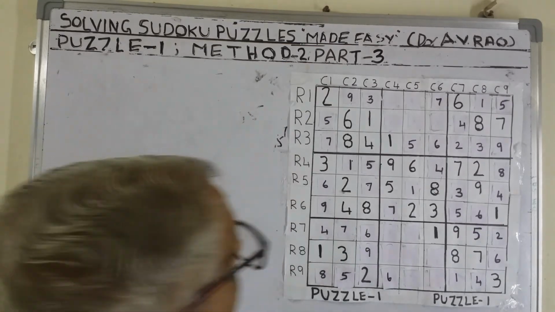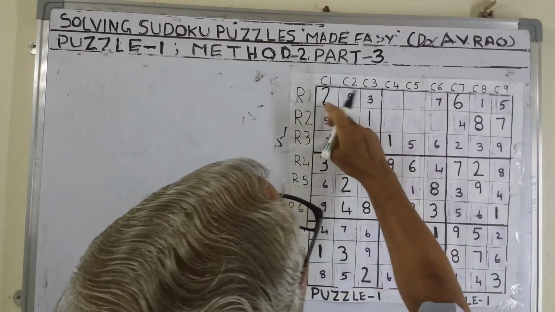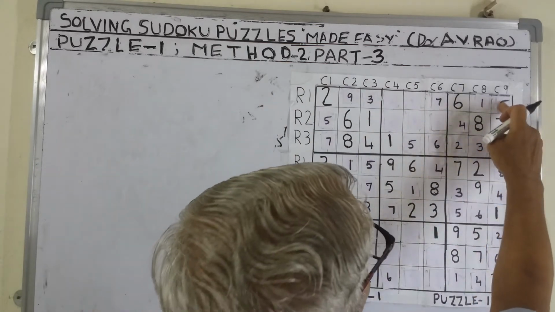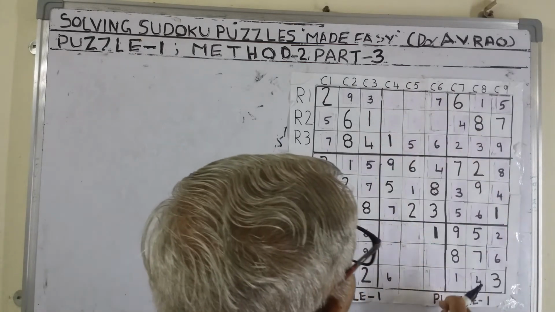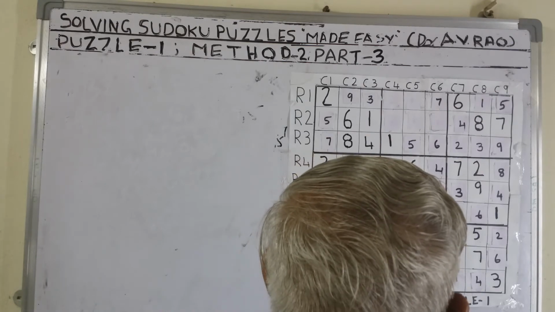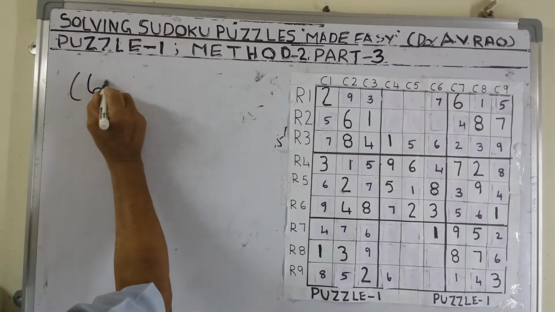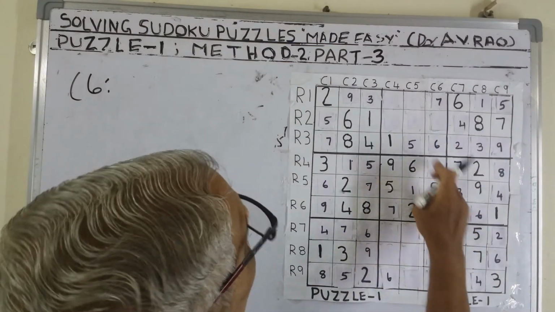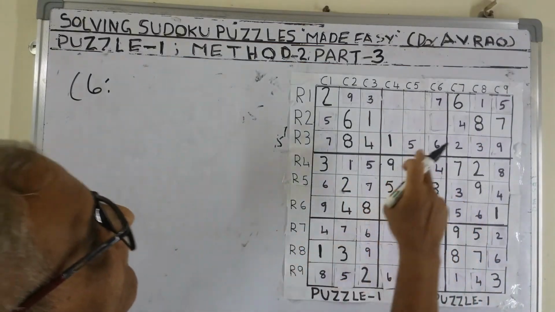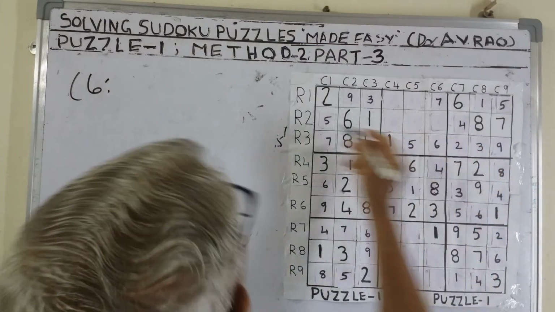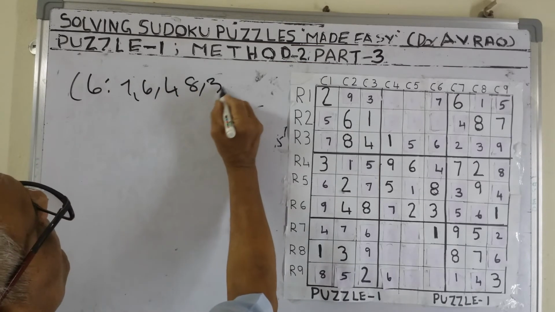Okay. Let us see this column C6. Column C6 is 7, 6, 4, 8, 3 and 1.